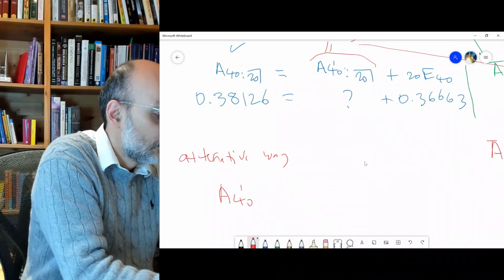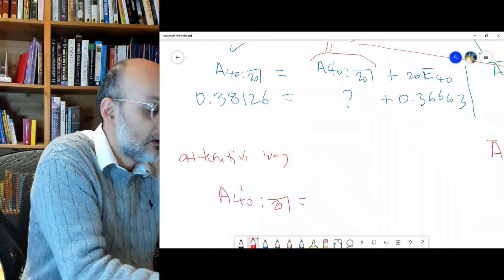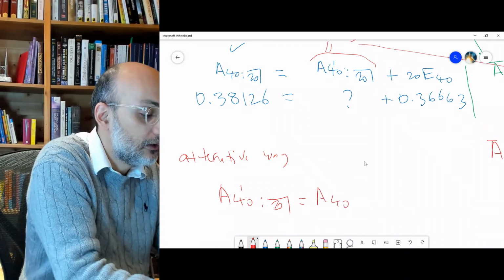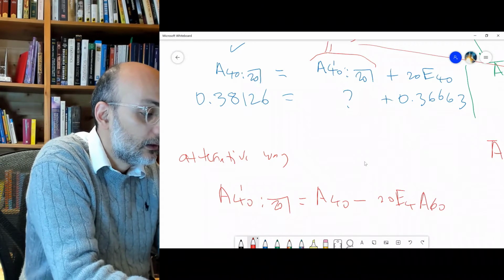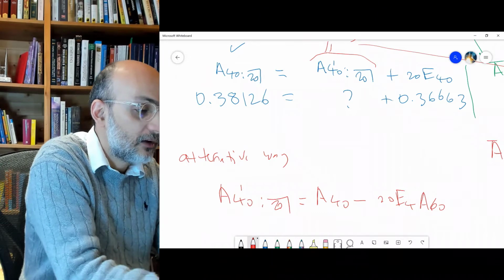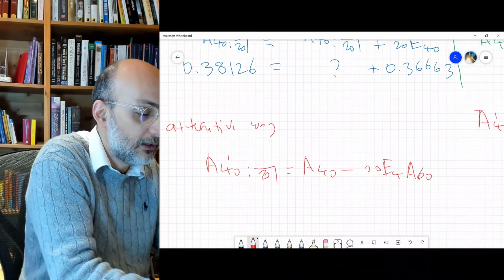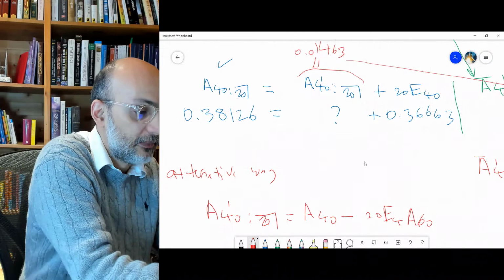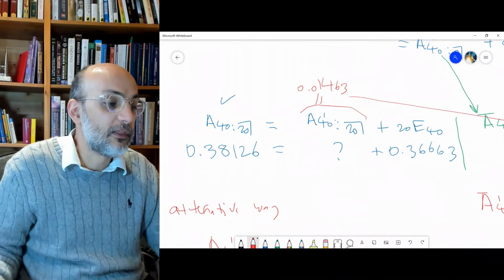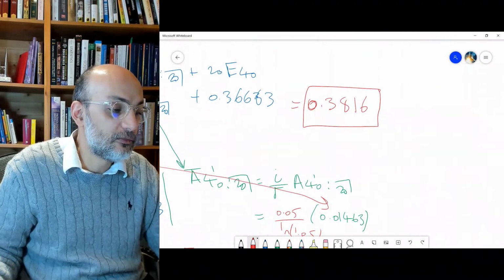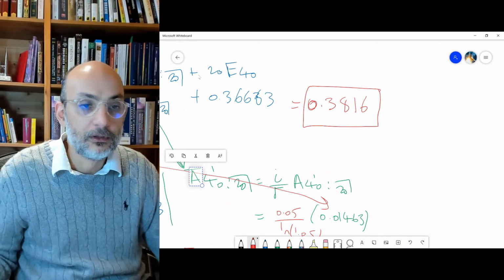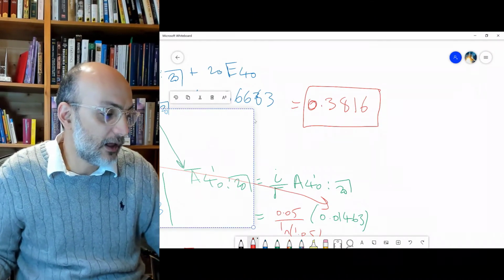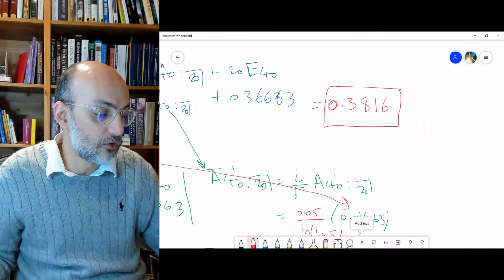A40 20 is this one, you can make it A40 minus 20E40 A60. Both of them will give you the same answer for this one. This one will be a little bit more, 6.5 at the end. So both of them will give you the answer, but for 3 or 4 digits it should be that number. All right. So it's not hard, this one, if you know what you are doing.